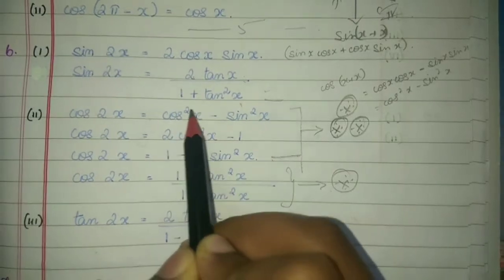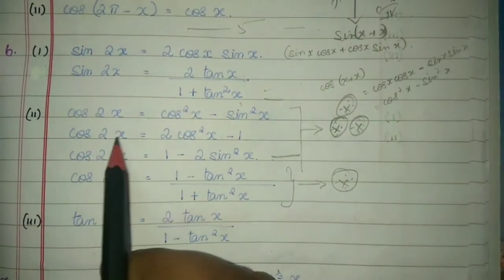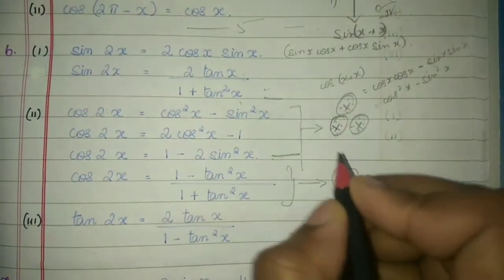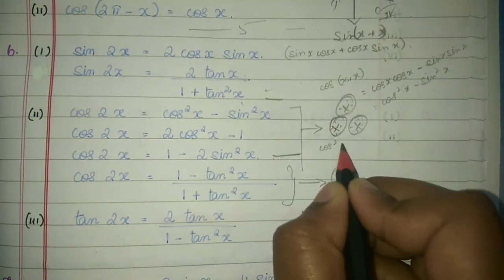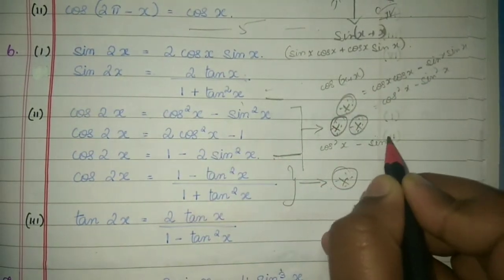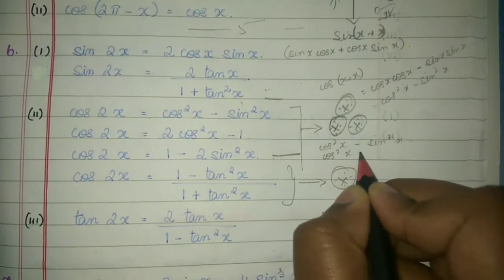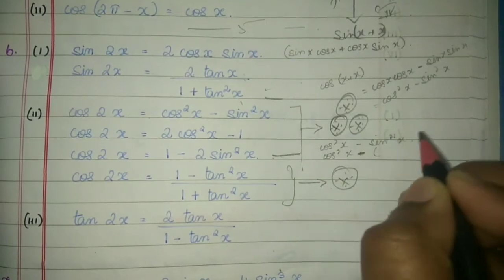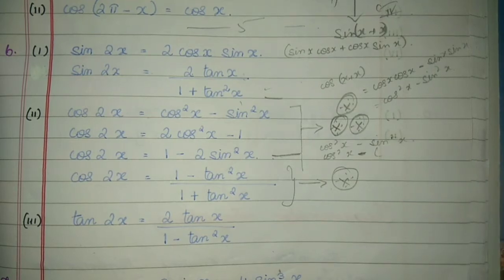So that is why it is cos square x minus sin square x. So again, cos 2x is equal to 2 cos square x minus 1. Why? Because here I have cos square x minus sin square x. Here my sin square x can be written as 1 minus cos square x. In 10th standard we learned the formula cos square x plus sin square x is equal to 1.